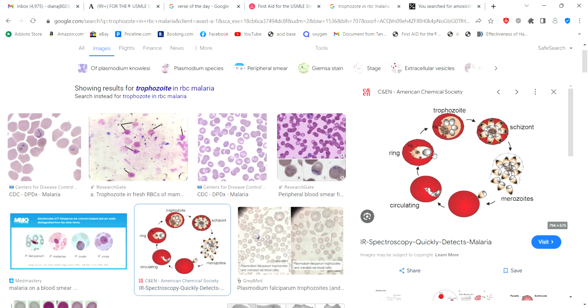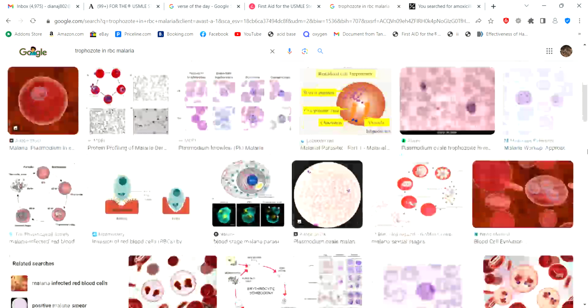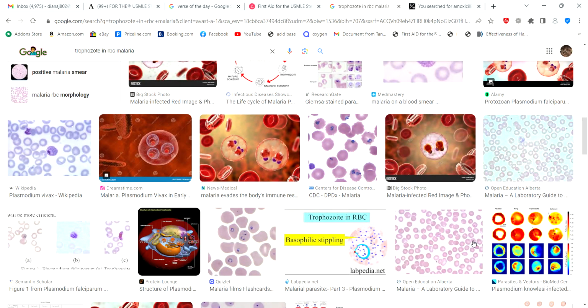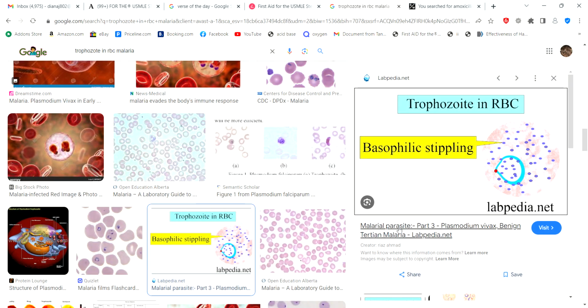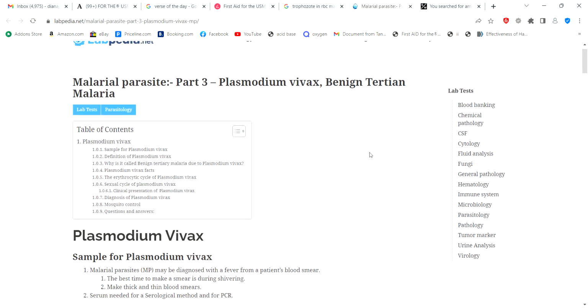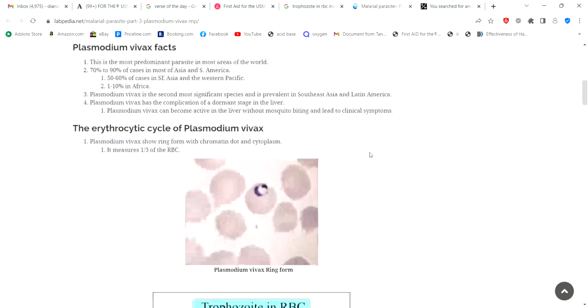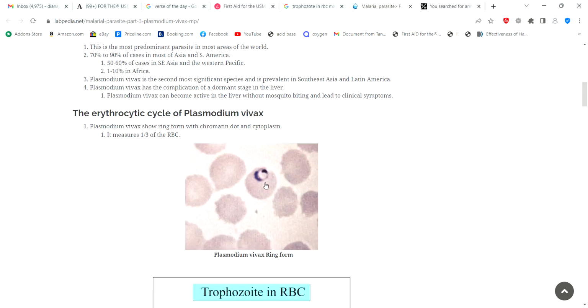Okay, so this is the life cycle. Trophocyte is the baby cycle. So right here, trophocytes seen in Vivax and Ovale, that's the ring form, okay?